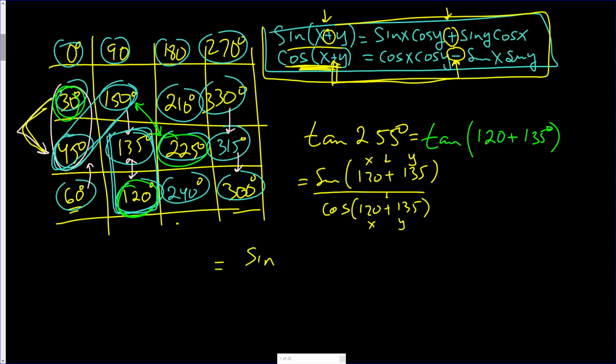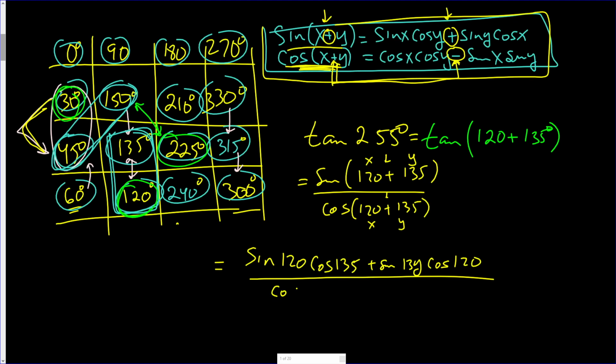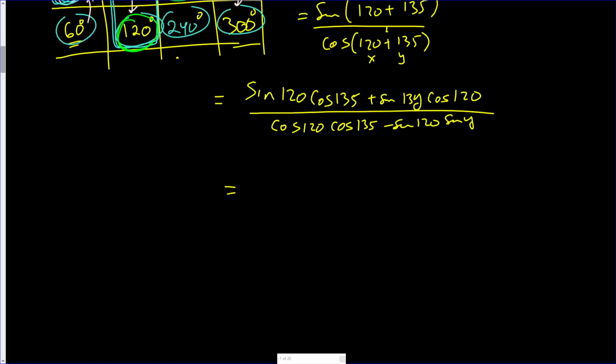So the top is going to be the sine of x times the cosine of y plus the sine of y times the cosine of x, all divided by the cosine of x times the cosine of y minus the sine of x, the sine of y. And we need to know the sine and cosine of 120, and we need to know the cosine and the sine of 135.